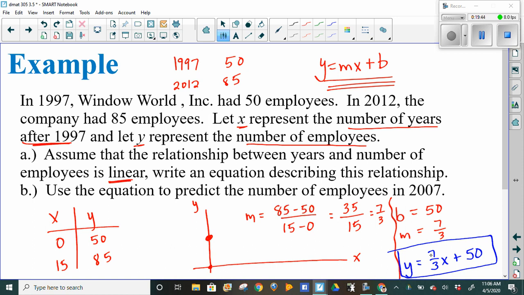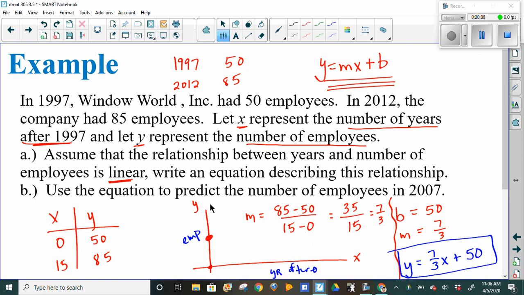So we're going to rise 7 and run 3. So remember, x represents the number of years after 0, and y is employees. So if you rise 7, so every 7 years, you get 3 employees. So rise years, run employees.